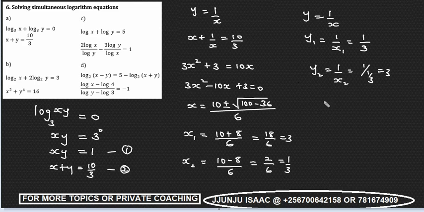So the solution set, we shall have the first pair, that is x to y. When x is 3, y is 1 over 3, and when x is 1 over 3, y is 3.